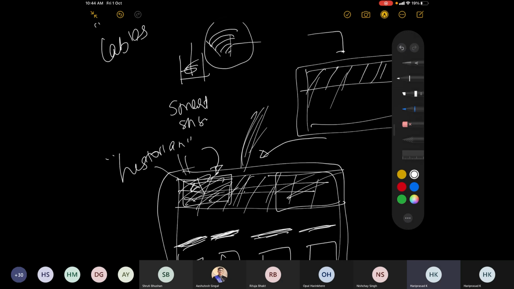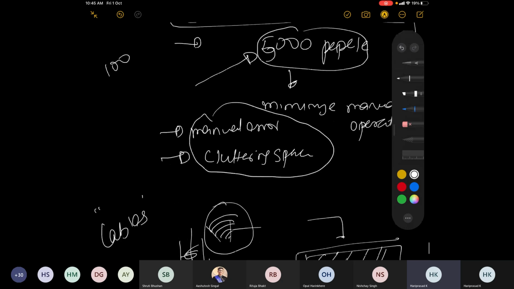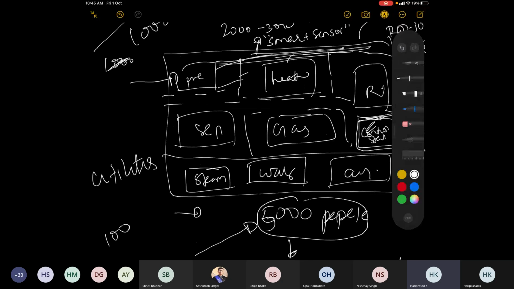Now, when you run an industry, there is a trade-off. Let's say this overall space contains 50K sensors, maybe 1 lakh or more.